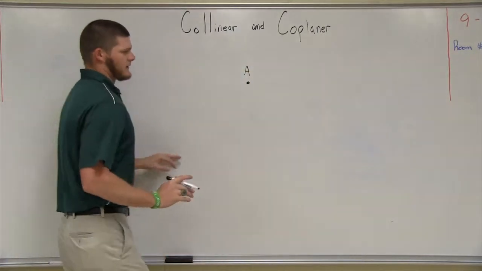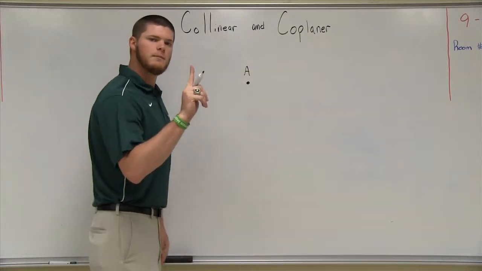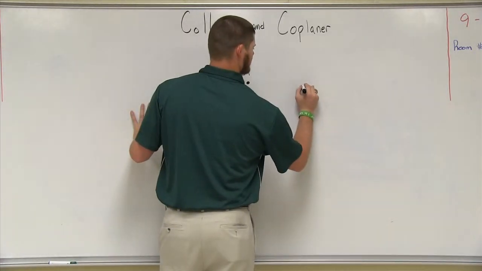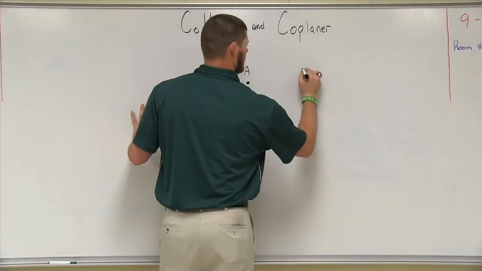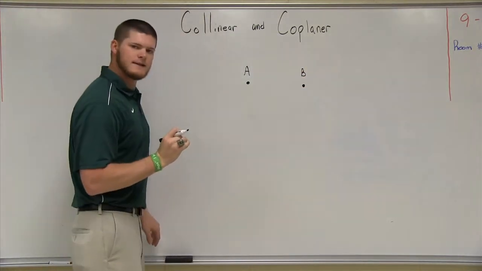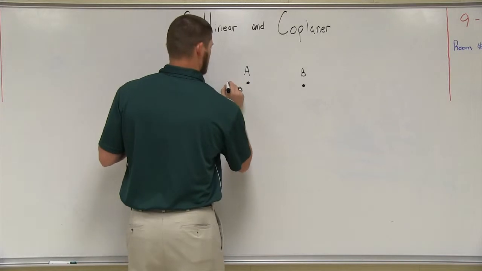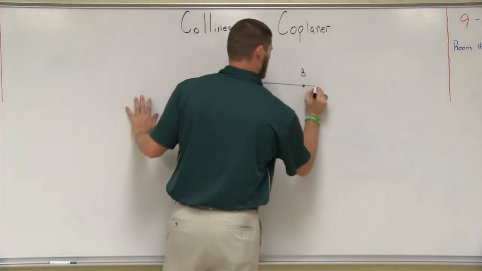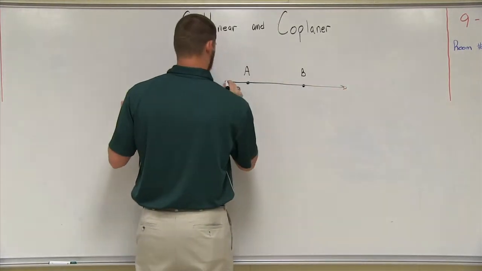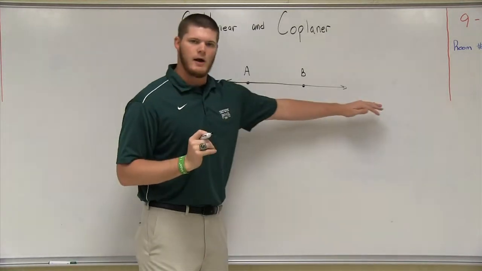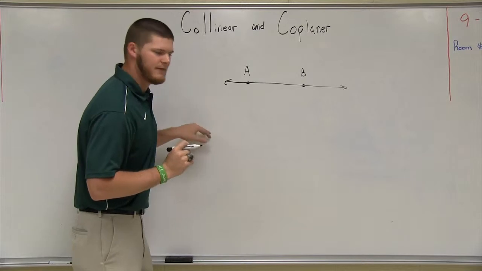We also talked about that once we have more than one point, through those 2 points is created a line, because a line is a collection of points that goes in both directions indefinitely.